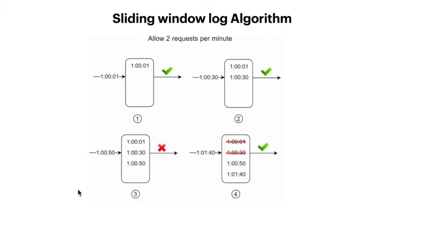When your next request comes, we will check whether our log count is 2 or less than 2. If it is exceeding that, you will drop that request and not process it.